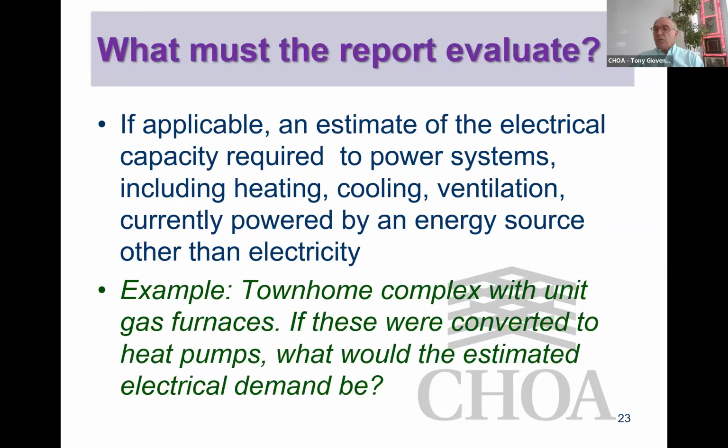So if you took a townhouse complex with 24 gas furnaces and they all converted over to heat pumps, that's a huge demand increase. And we actually have one in Richmond where they are split between two different sections, but one section doesn't have enough power to allow people to put heat pumps in. That's very common.